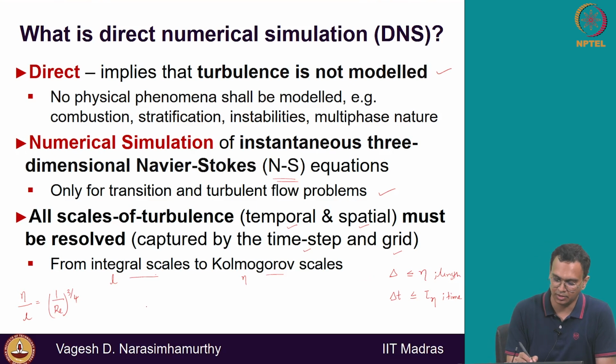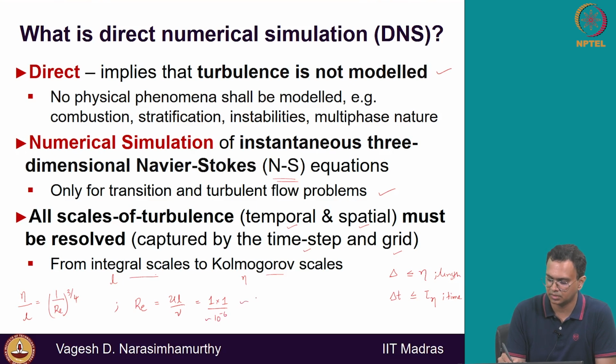For example, let's take a velocity of 1 meter per second, and a length scale also of 1 meter, for a pipe flow or anything of that sort. And let's say it's air, so the viscosity is roughly 10 raised to minus 6.